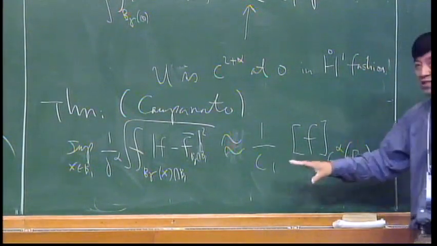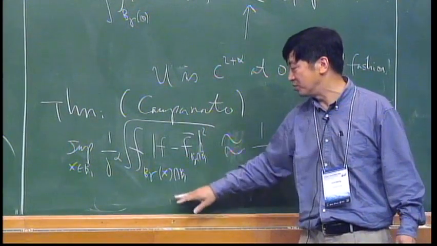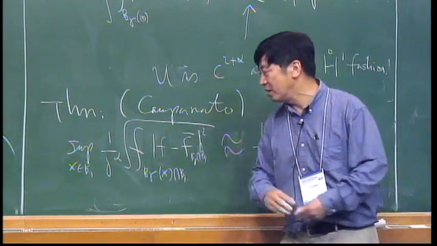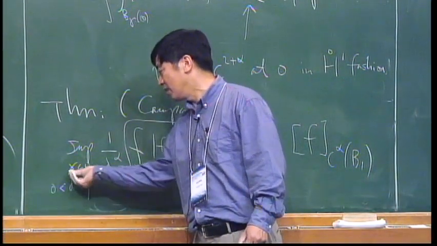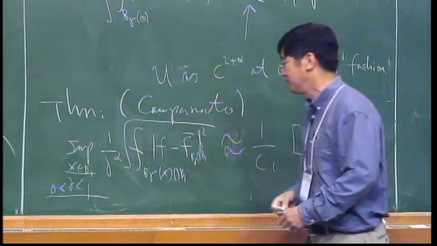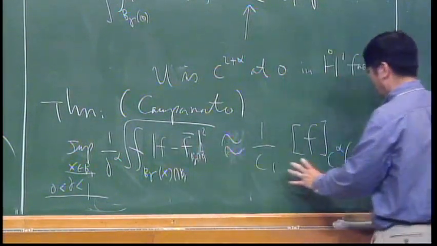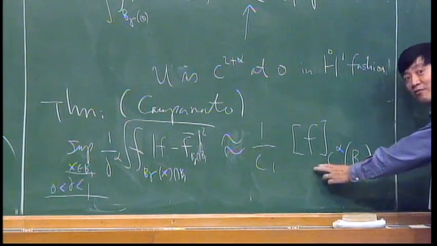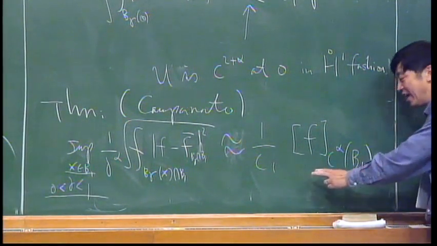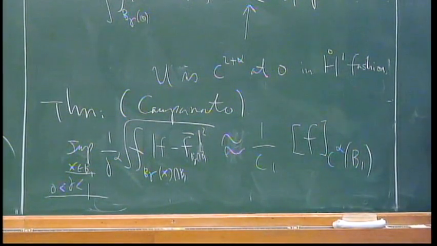So what this says is that in L2 fashion, if you say F is Holder continuous at every point, at every scale, for all x and all scales, then L2 fashion Holder continuous and L infinity fashion Holder continuous, which I defined before, the naked eye Holder continuous, are all equivalent.